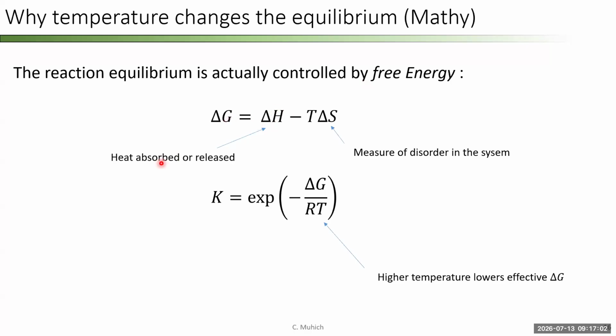And this is equal to the change in the heat absorbed or released. So delta H is positive when heat is pulled in and negative when heat is pushed out. And then I have this minus T delta S, and the H is enthalpy, S here is entropy, and this is a measure of disorder in the system.